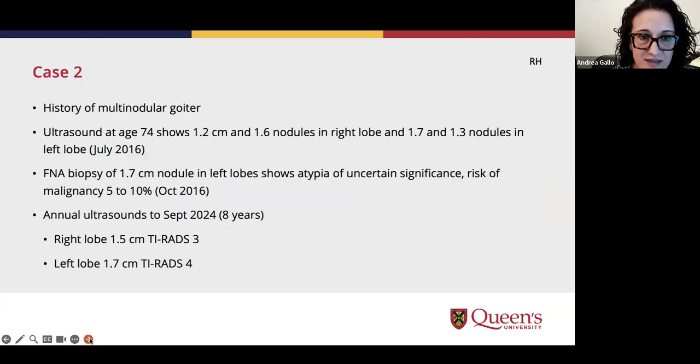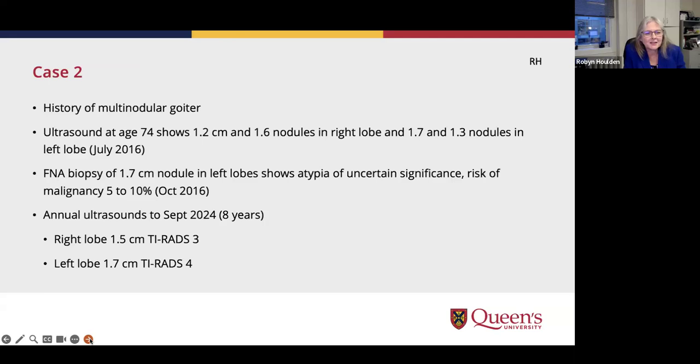Next slide. Okay, well, here's the next case, a multinodular goiter. And Russell was mentioning that some studies are suggesting perhaps a little lower risk of malignancy in the multinodular goiter compared to the solitary nodule. And the person's 74 years old, and Andrea was saying, always look at the whole picture.